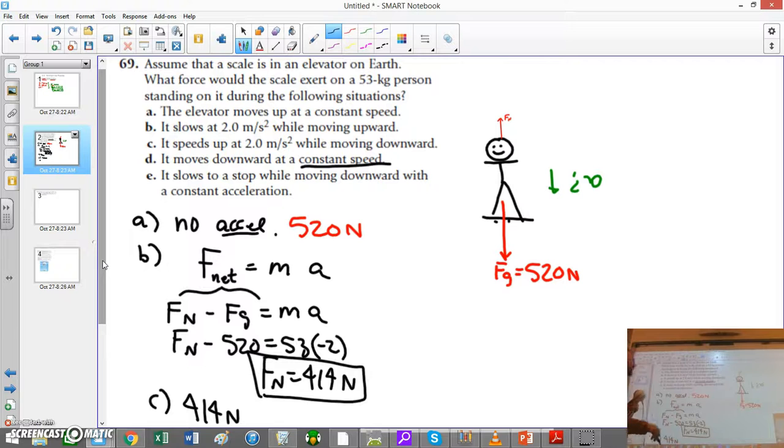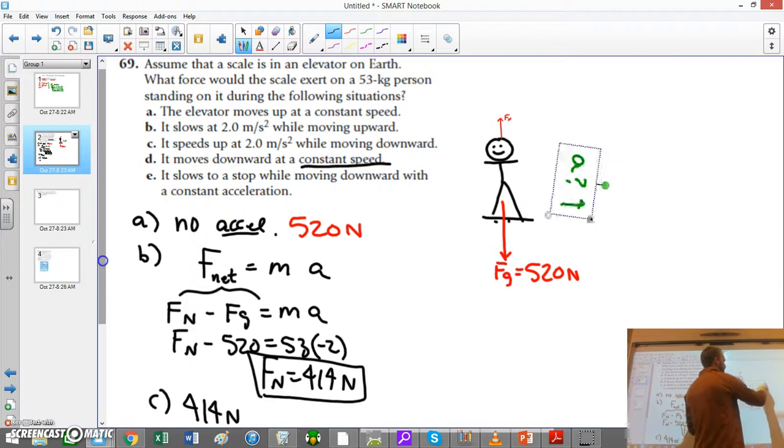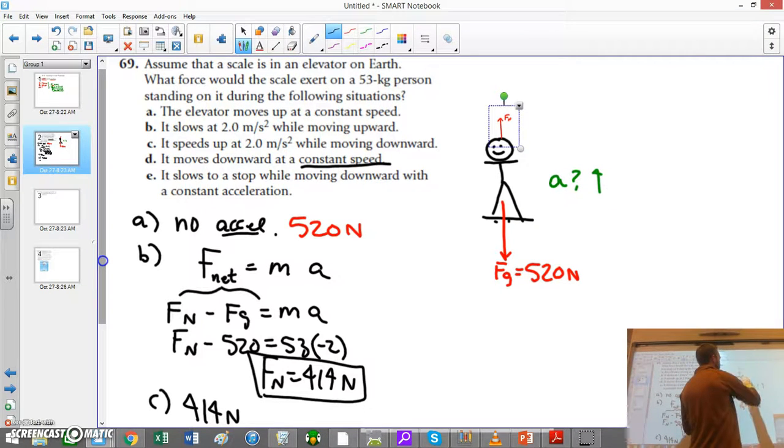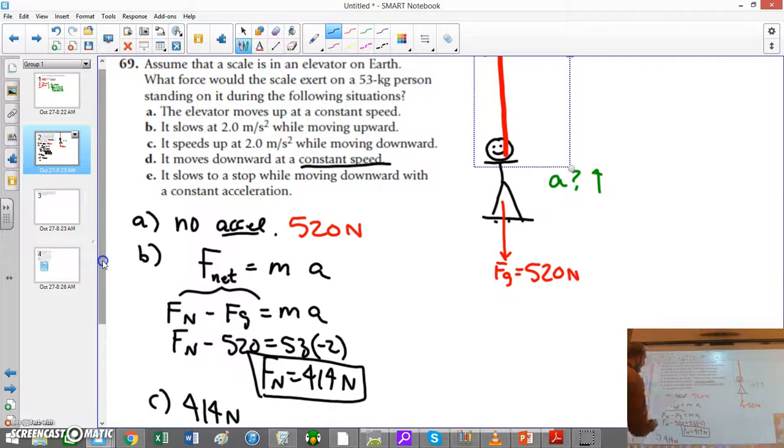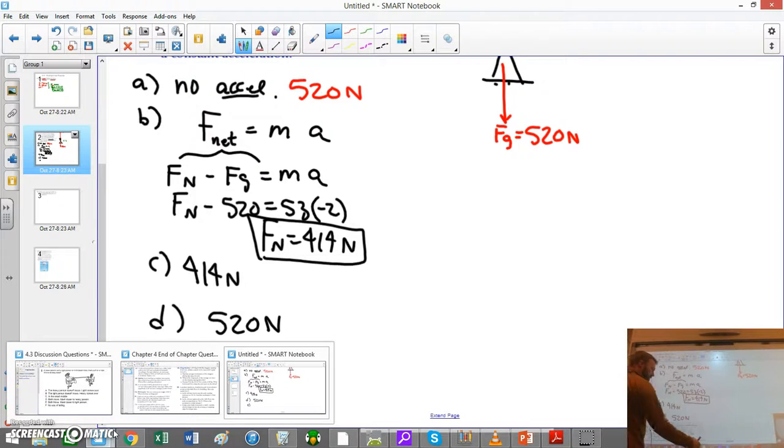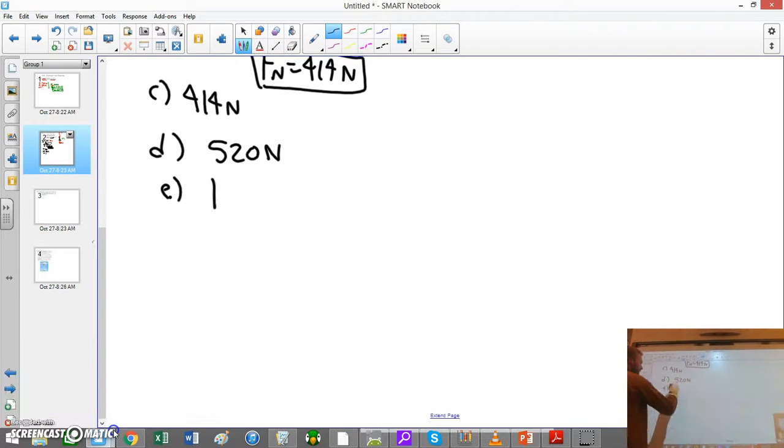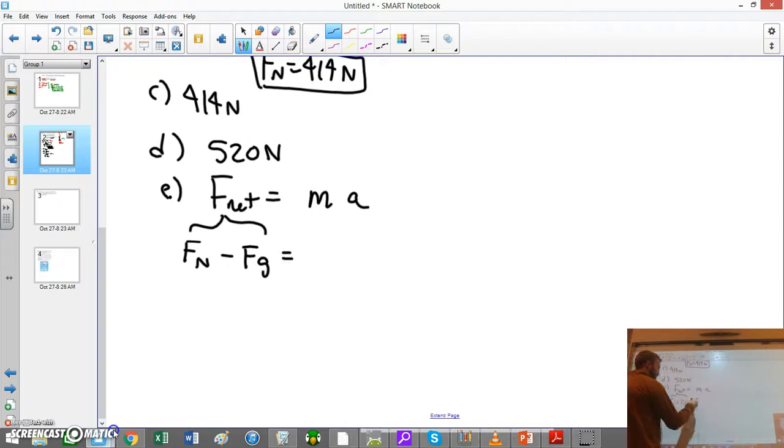And part E, it slows to a stop while moving down. If you're going down and slowing down, that means your acceleration is in this direction, and that means your normal force is going to be very big. So we'll run through our equation again. The net force equals the mass times the acceleration. My net force is the normal force minus the force of gravity. There's only two forces acting here. My normal force is unknown.